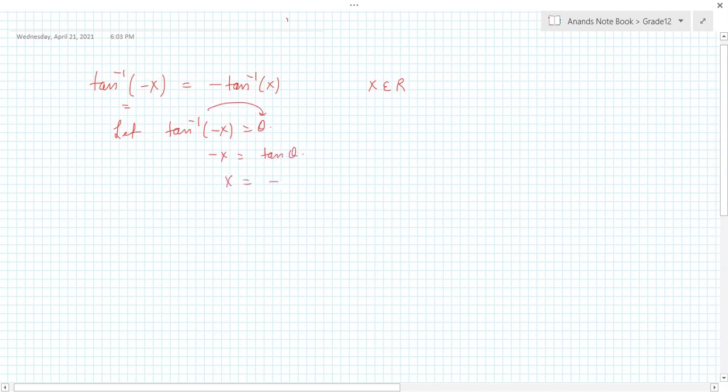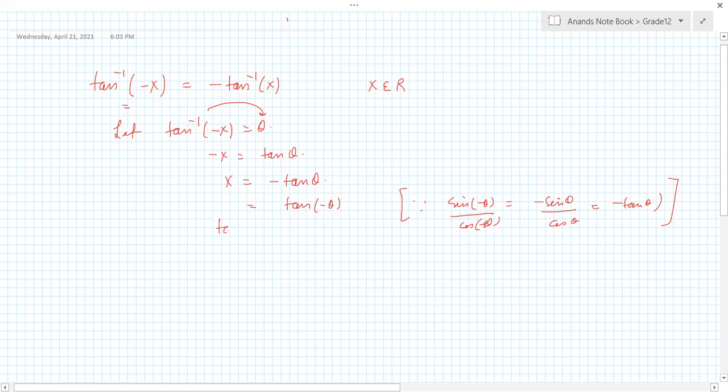X is equal to minus tan theta, which is tan of minus theta. Because we know that sine of minus theta by cos of minus theta, isn't it? Sine of minus theta is minus sine theta. Cos of minus theta is cos theta. Means minus tan theta. I got x. Now revert it back.